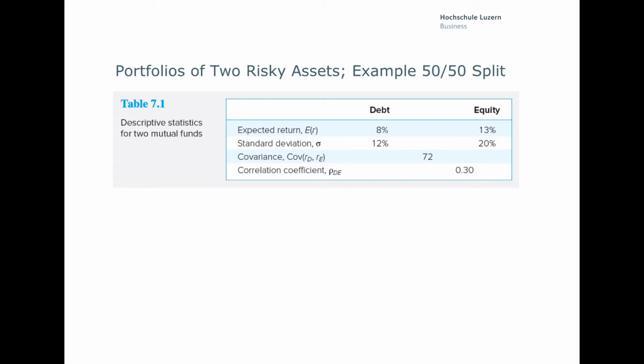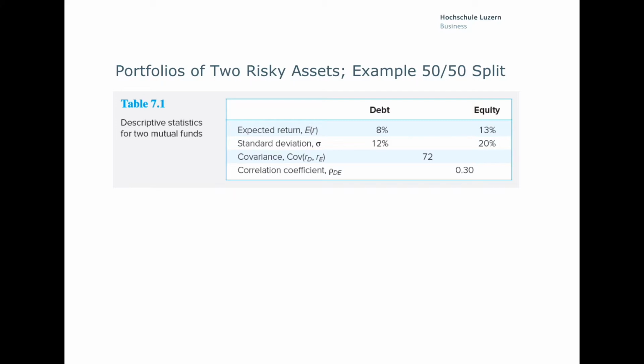Portfolios of two risky assets, an example of a 50-50 split. It is now time to study efficient diversification, whereby we construct risky portfolios to provide the lowest possible risk for any given level of expected return.